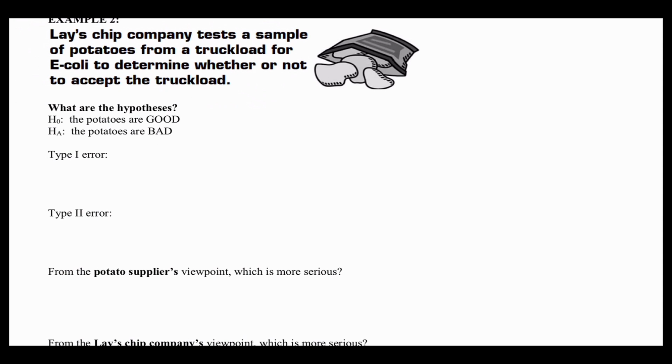Okay, type 1 error. To make a type 1 error, you have to reject the null hypothesis. So what's another way of saying rejecting the null?